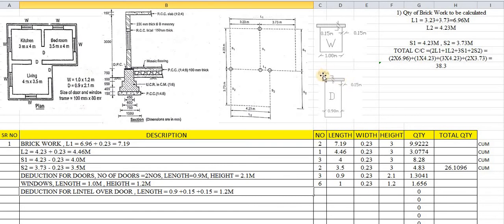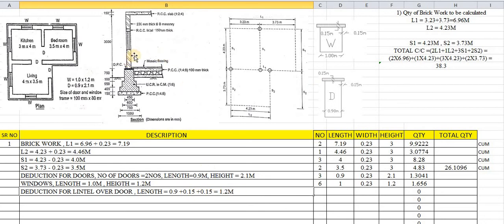There is a rule: the thickness which has been given, 0.15, the same we provide as bearing. Here the thickness is given as 150 mm, so we take the same for bearings, that is 0.15. So what is the revised length of the lintel? 0.9 is the door opening, plus 0.15 on the right side and 0.15 on the left side. So 0.9 plus 0.15 plus 0.15 comes to 1.2.